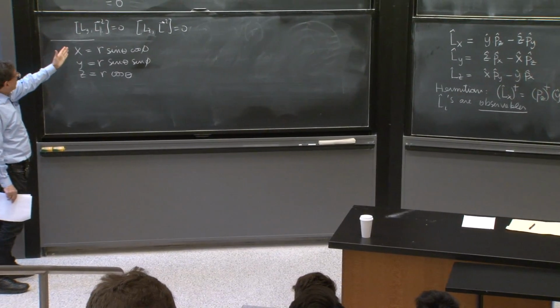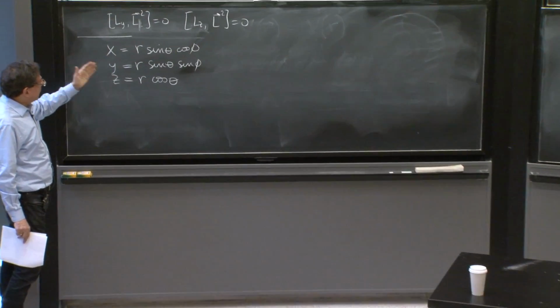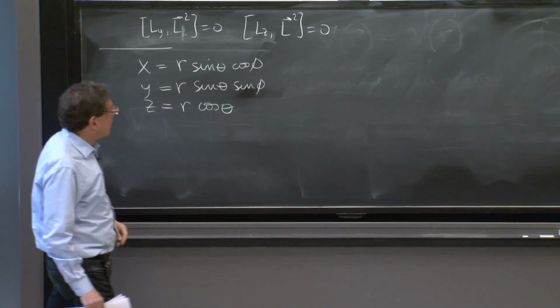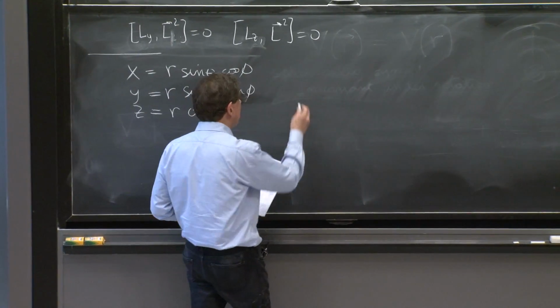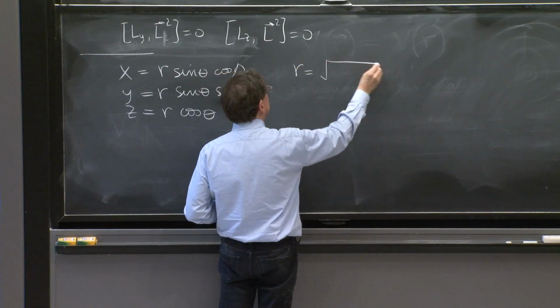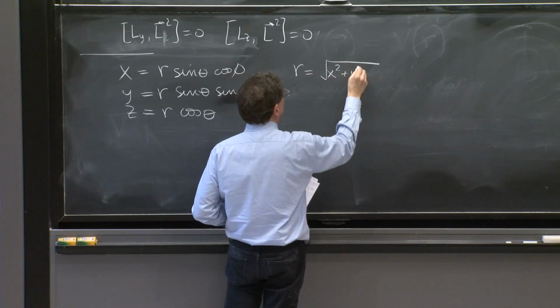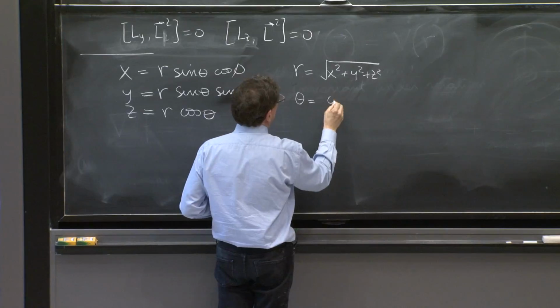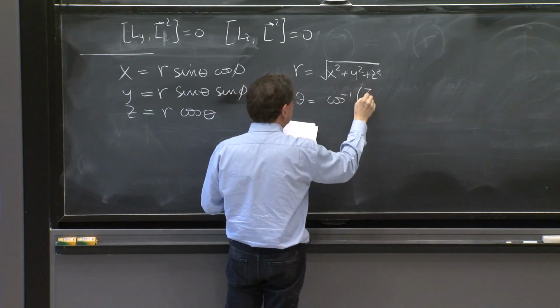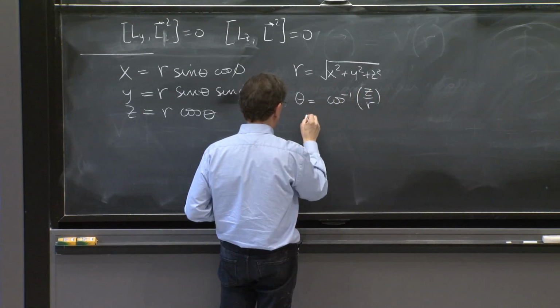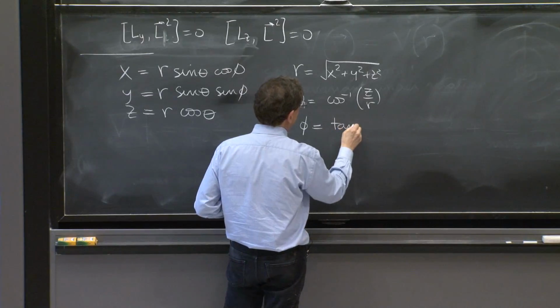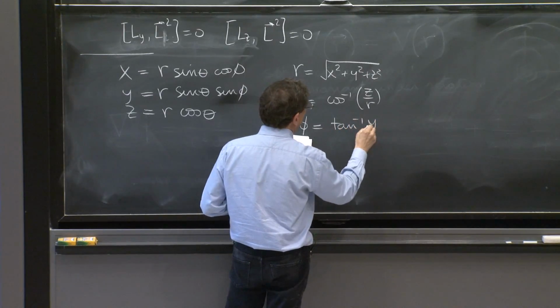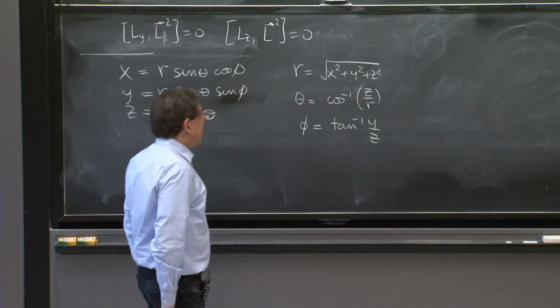We're trying to calculate the differential operators associated with angular momentum using spherical coordinates. So r is the square root of x squared plus y squared plus z squared. Theta is cosine minus 1 of z over r, and phi is tan minus 1 of y over x.